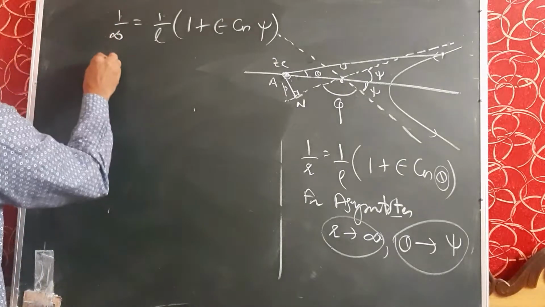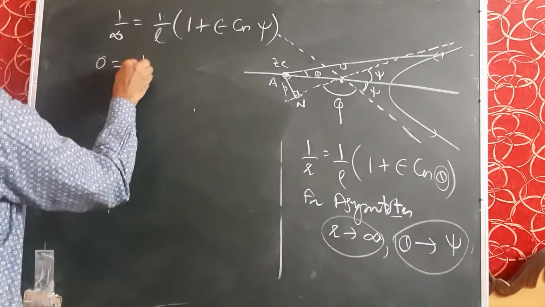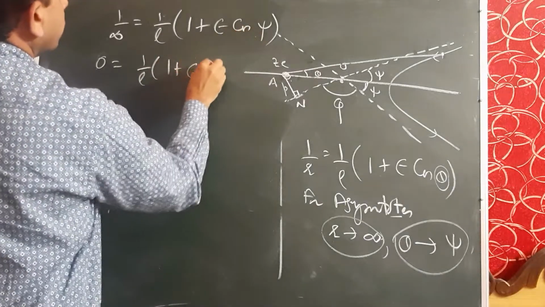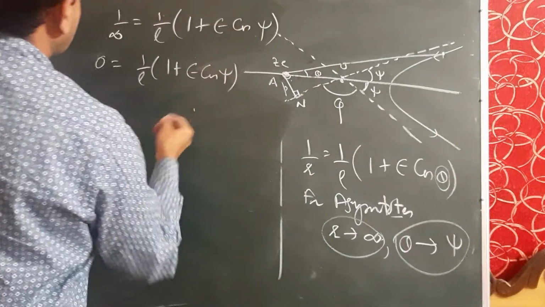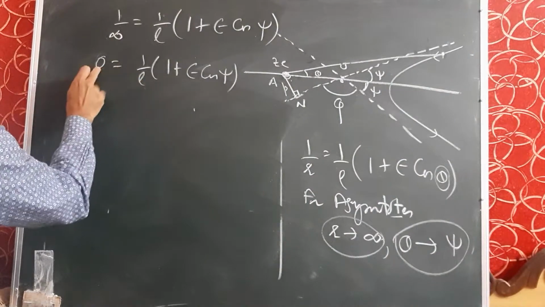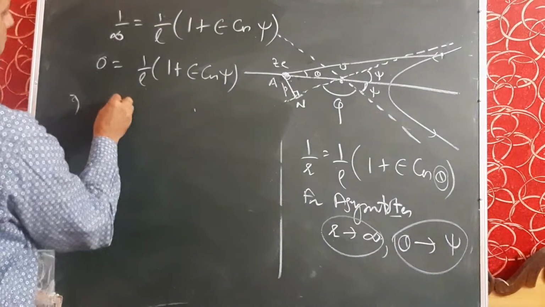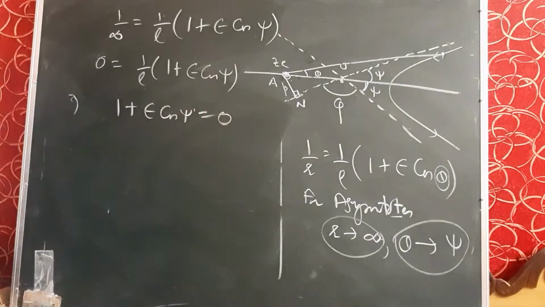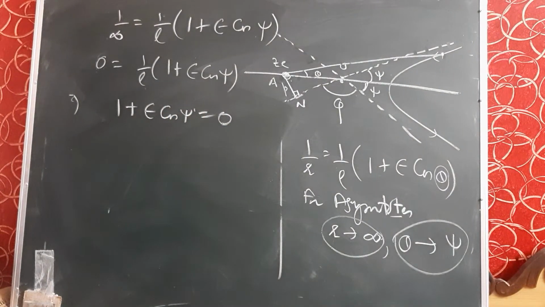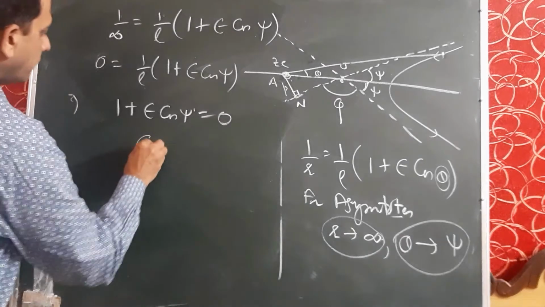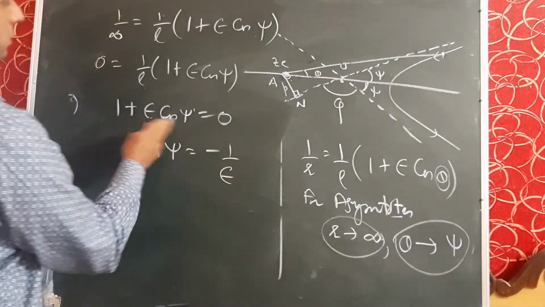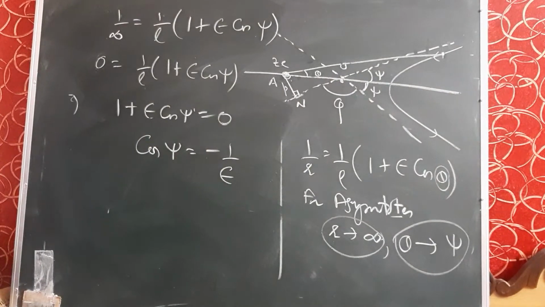So 1 by infinity means 0, and it is 1 by L into 1 plus epsilon cos psi, which implies that 1 plus epsilon cos psi is 0, and cos psi becomes minus 1 by epsilon. So is it clear?